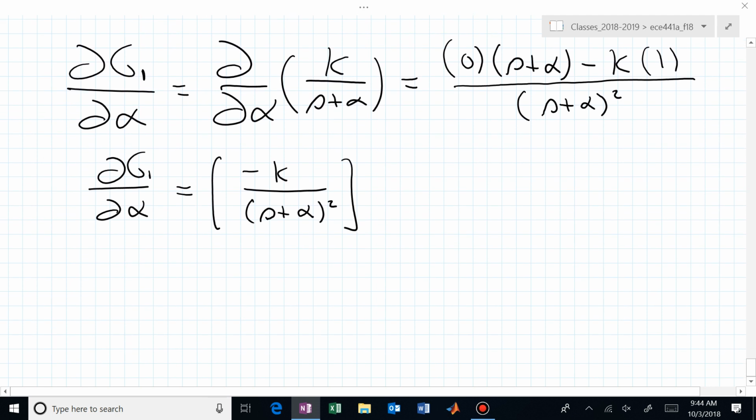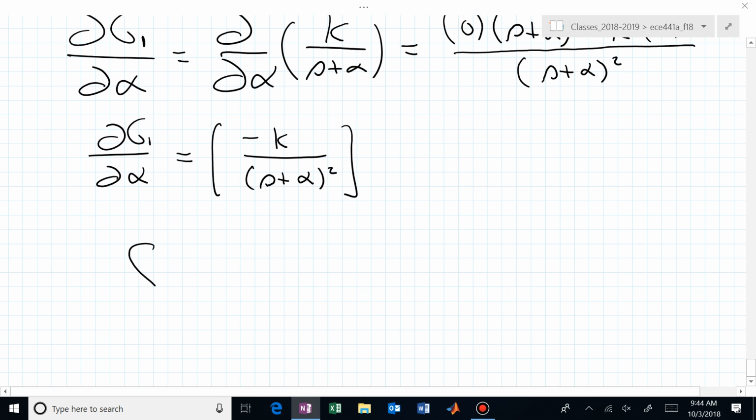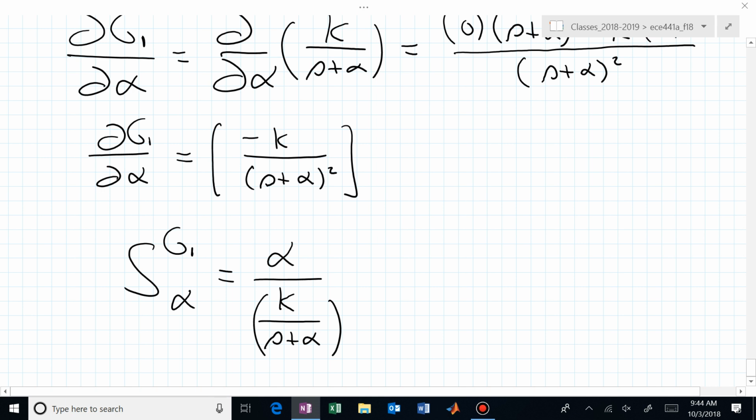But that's just the main piece of the second piece of the whole problem. So we need to complete the second part, which is the sensitivity of G1 with respect to alpha. That was alpha over G1, and G1 was K over S plus alpha, times minus K over S plus alpha squared.